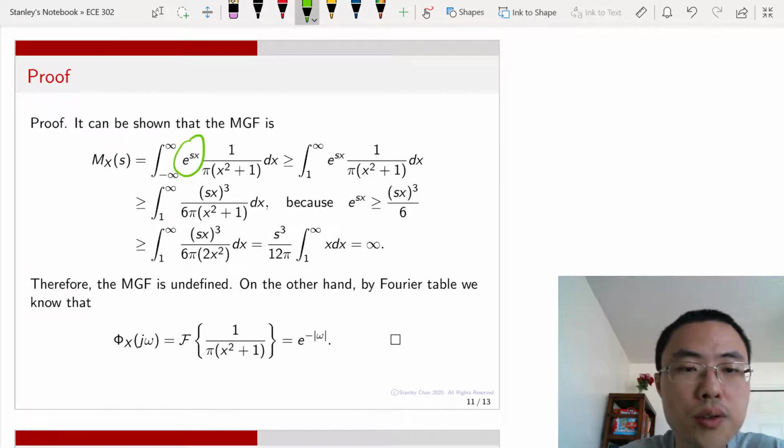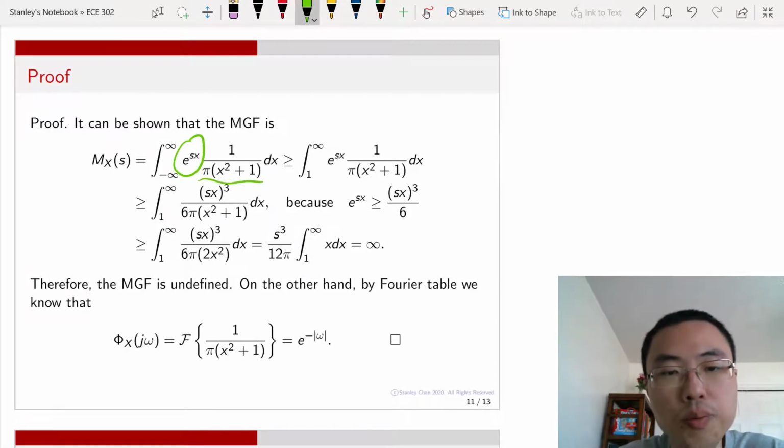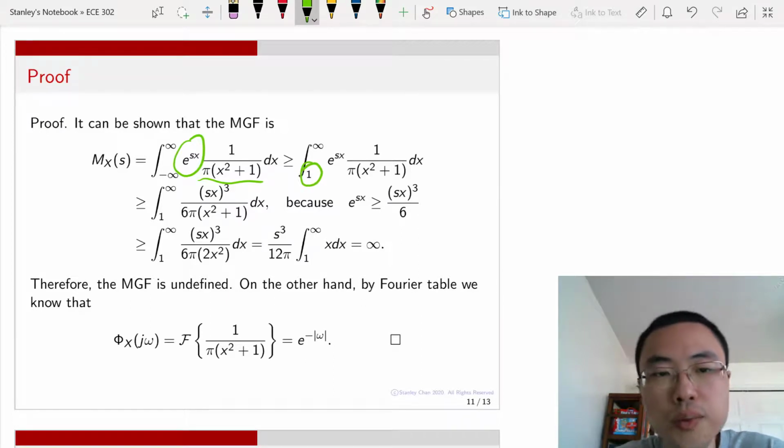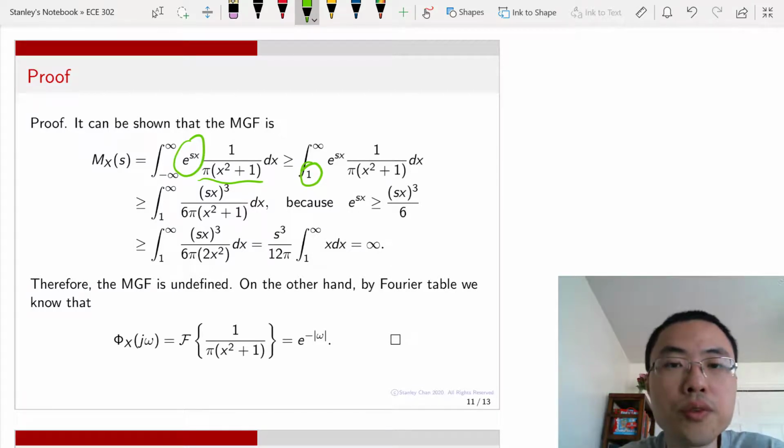You have e to the power sx, and then here is your PDF. You're integrating this function from minus infinity to infinity, but this is bigger than if you integrate from 1 to infinity, because both terms are positive, and so now you're integrating a smaller range, and of course you will get a smaller integral value.